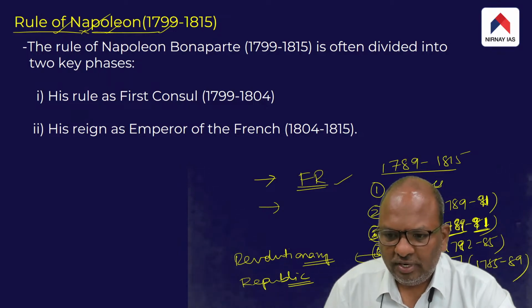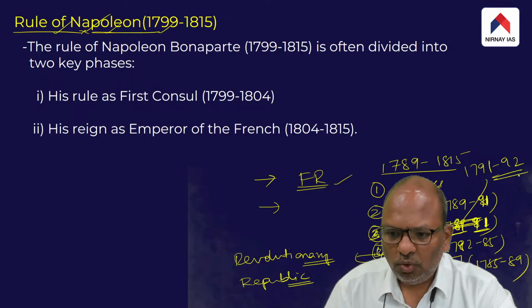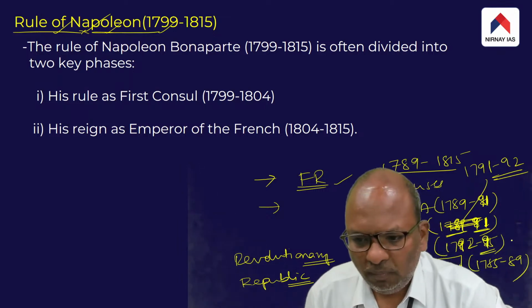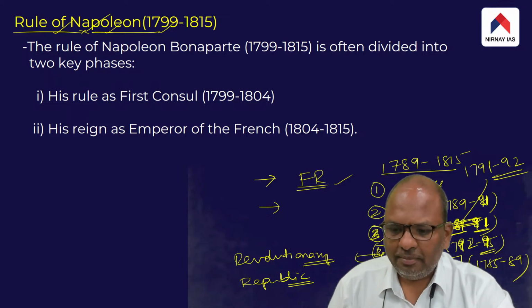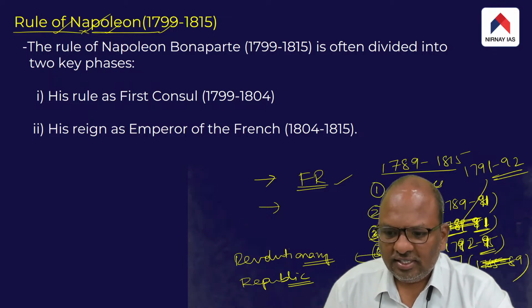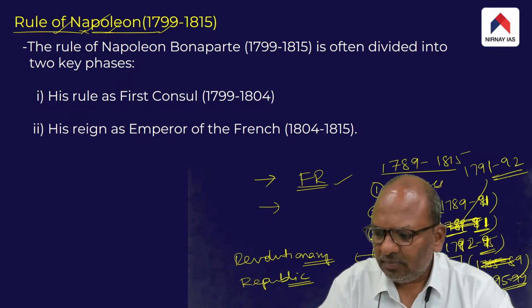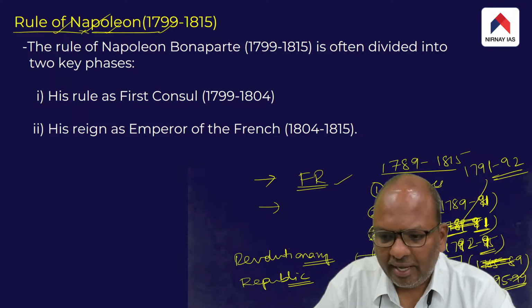The time period of the Legislative Assembly is 1791 to 92. The time period of the National Convention is 1792 to 95, and the time period of the Directory is 1795 to 99.